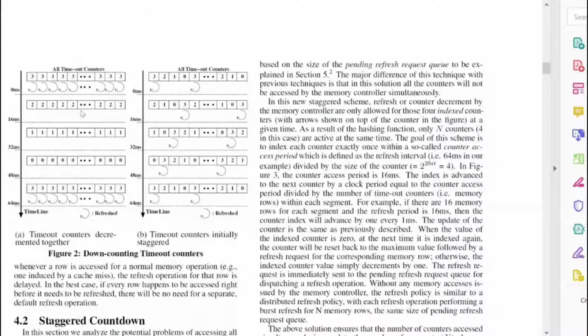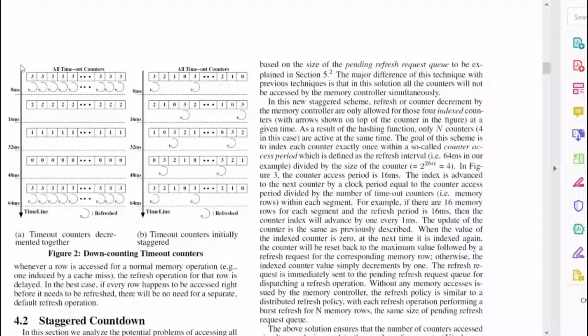As shown in this figure, in the controller each row has a counter; this counter is for one row, this one is for another row, and so on, and it's a 2-bit counter, so the maximum value is 3. As I said, when the value becomes 0, this row must be refreshed. And every time a row is accessed, the value becomes 3 again. This is how smart refresh works.